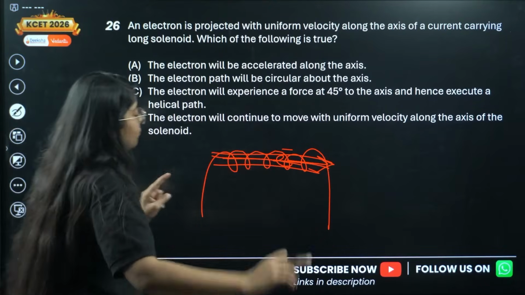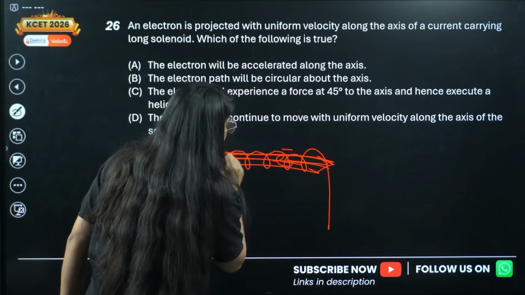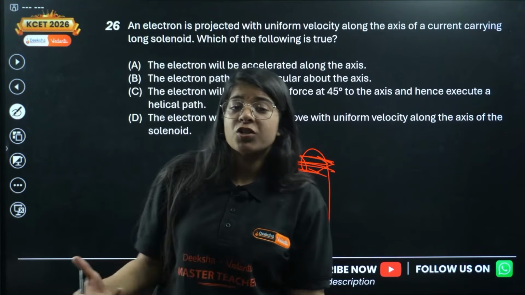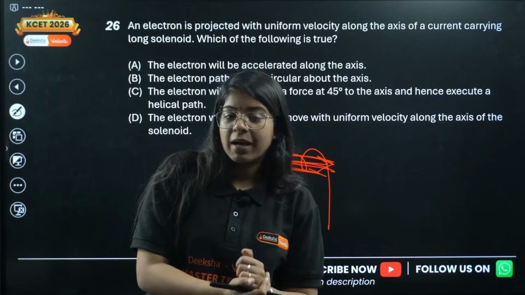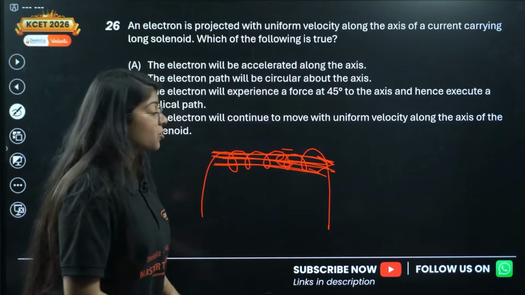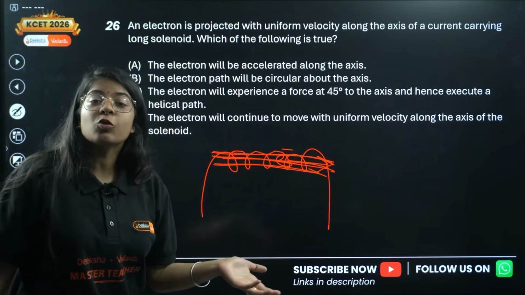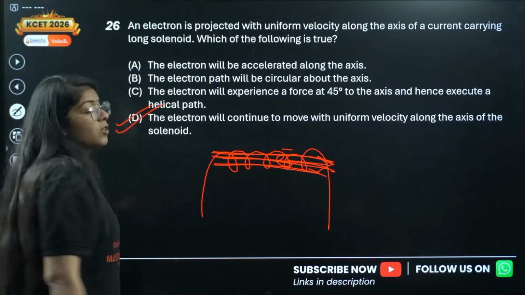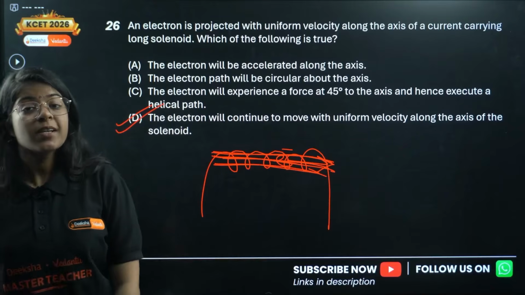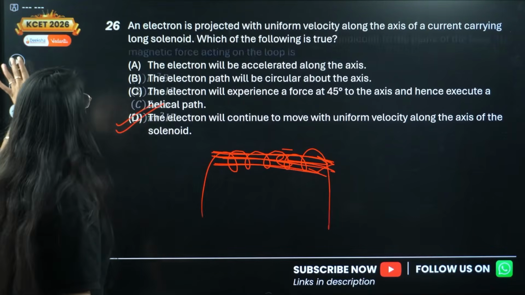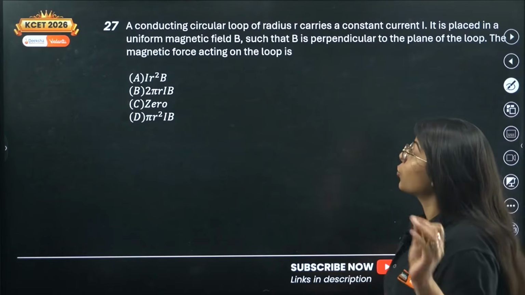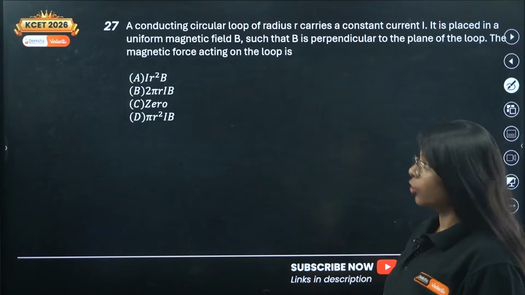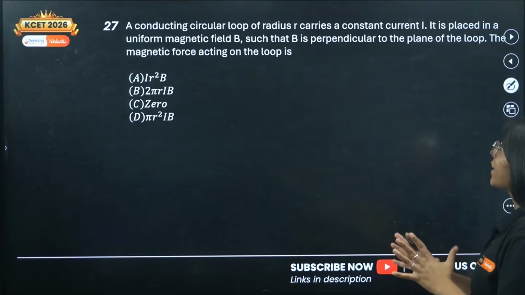Very important point: since the magnetic field inside the solenoid is uniform and it is not changing either the direction or the magnitude, it will continue to move with uniform velocity along the axis of the solenoid. So, the correct option is D. Correct?